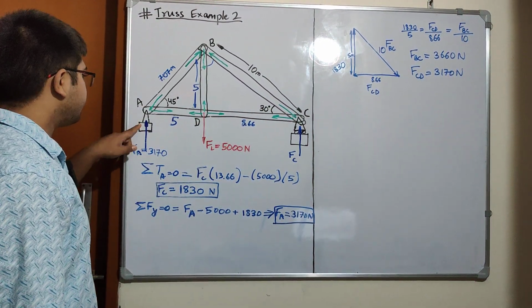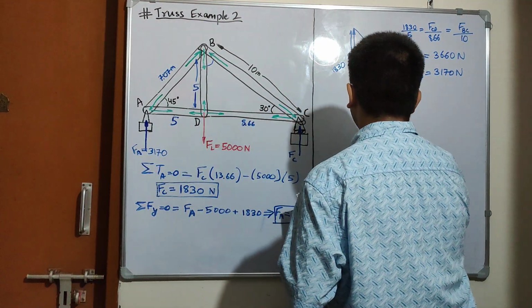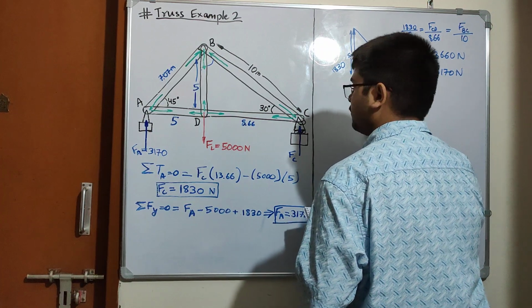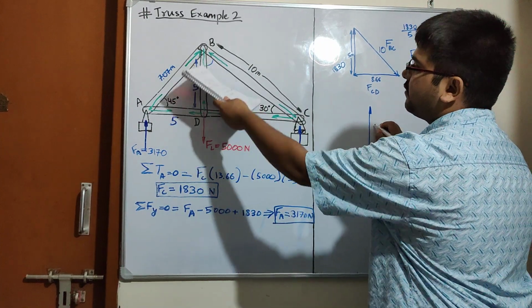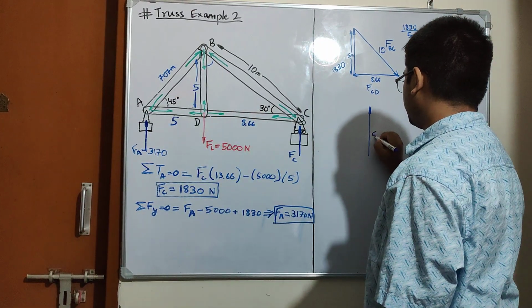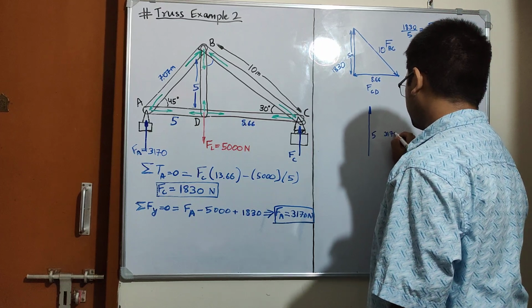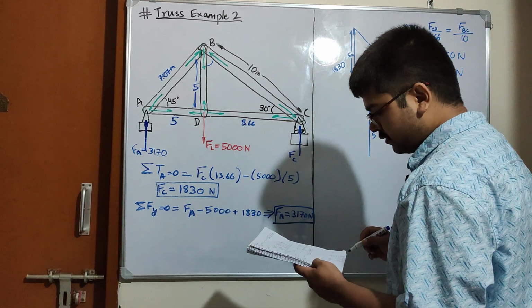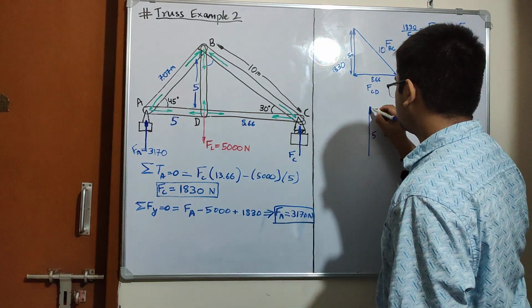Now we can look at point A. At point A we have three forces. One is going up, and it is 3170, and this corresponds to 5. And then another one is going down and one is going like this.